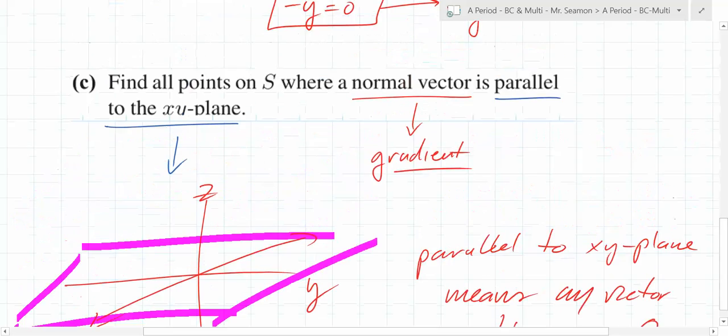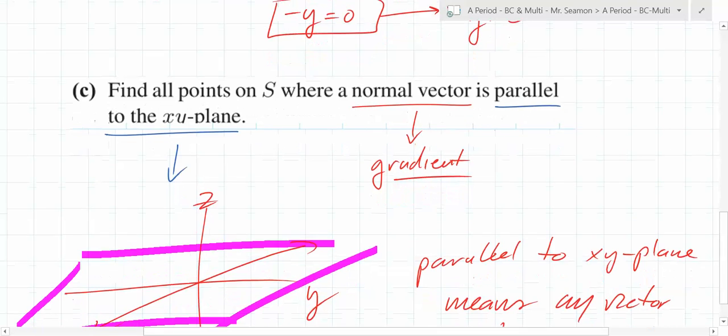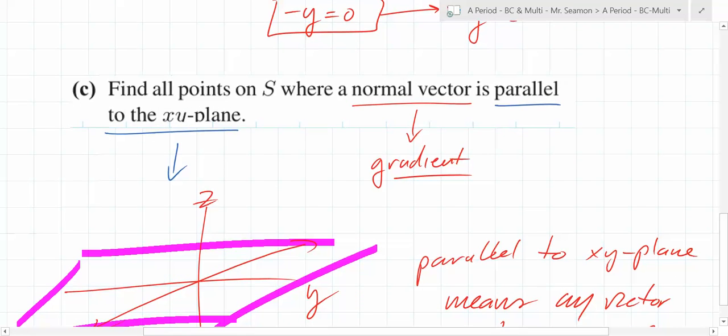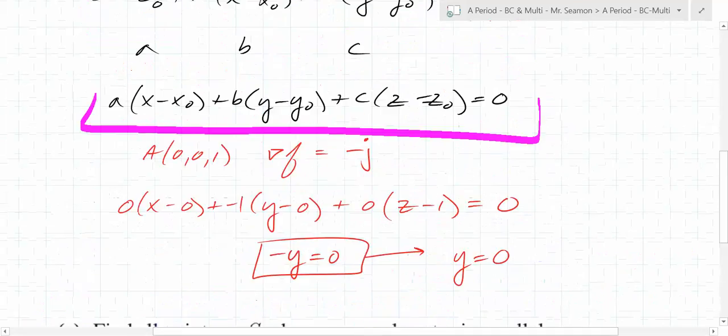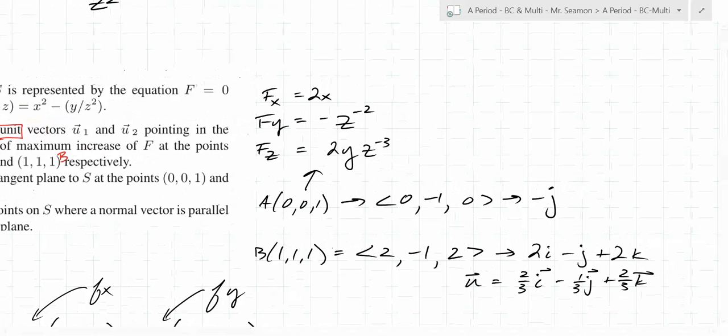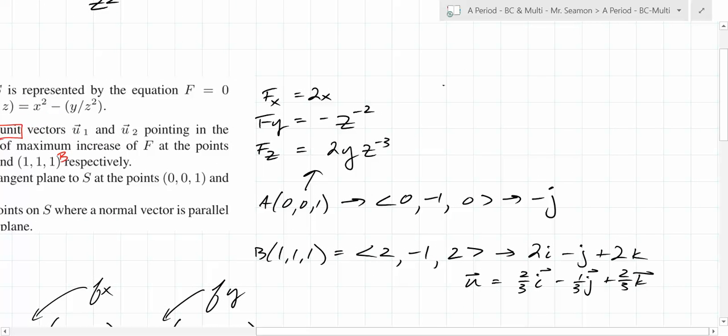So we're looking for all the gradients where you end up with a z component being 0. So do we have the general gradient here? Yeah, what is it? The general gradient is 2xi minus z to the negative 2j plus 2yz to the negative third k.